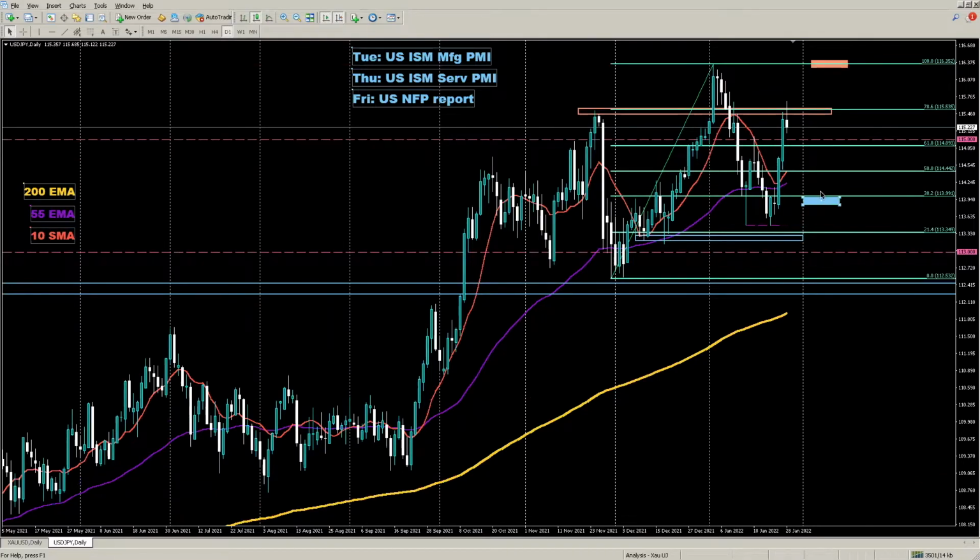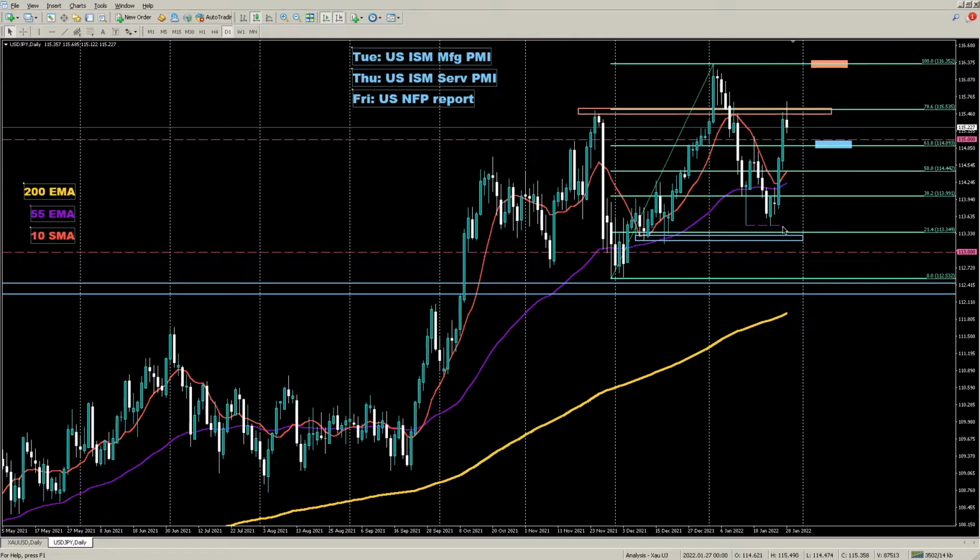We can move this support up here to the 00 and the 38 fib retracement. So for now, this is still a resistance zone here.